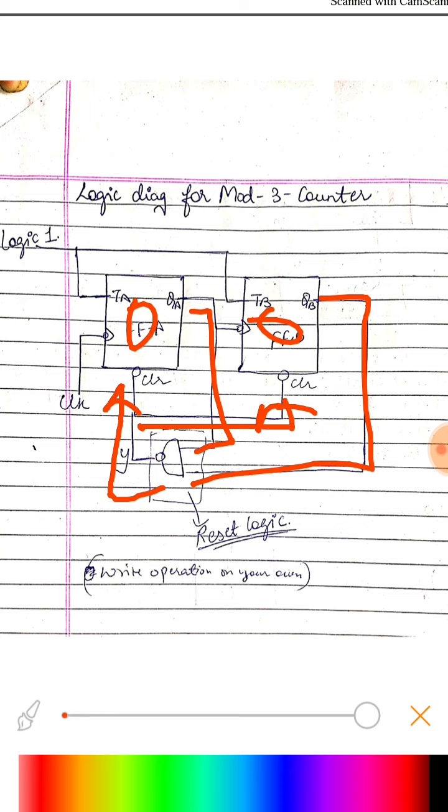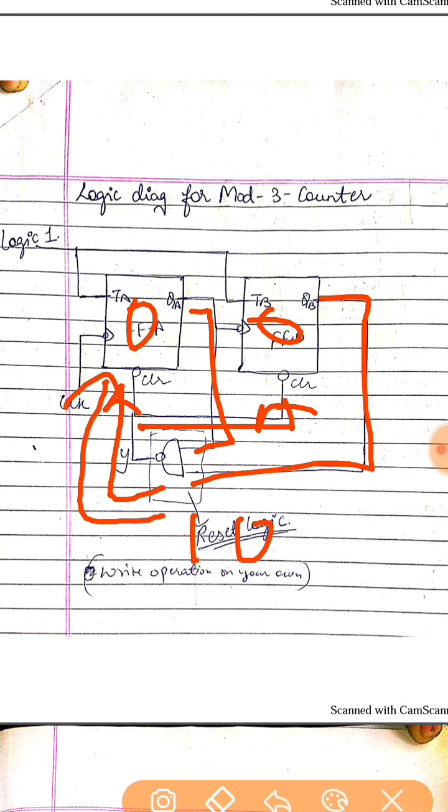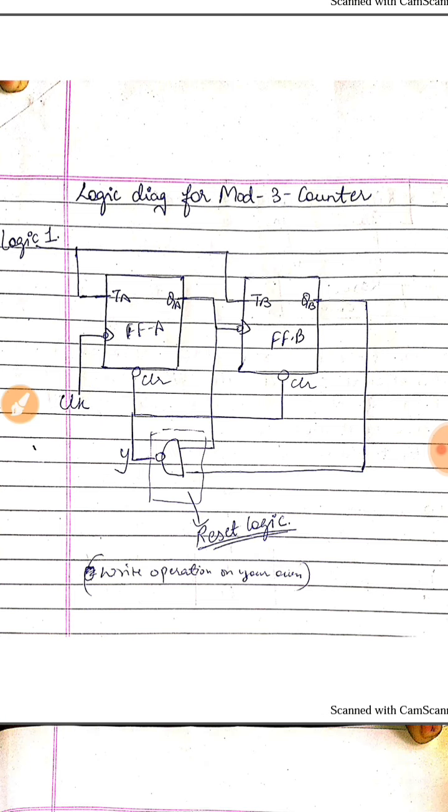As soon as we get 1 and 0 as the count, our circuit would reset again to 0 0, and it will not count the 3. So this is how we can cut short our counts using a combinational or reset logic.